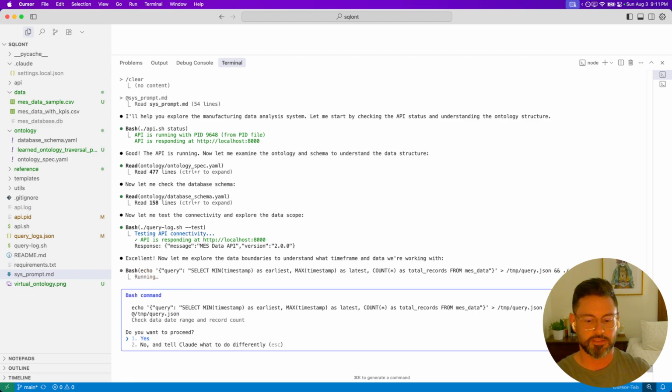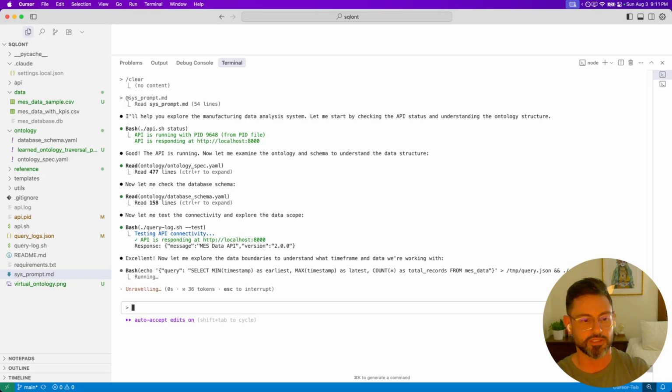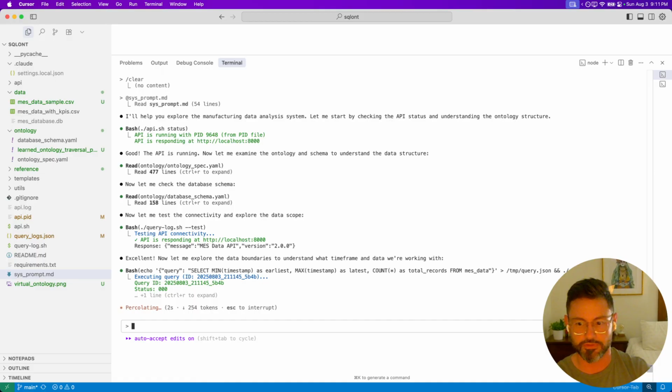All right, so it's going to look at the data boundaries. Because it'll try to do time series analysis and other things like that, it might use the current date to work from, saying, okay, I want last quarter, but the sample is arbitrary here. So it's just saying what are the actual dates I have available to look at. Useful.